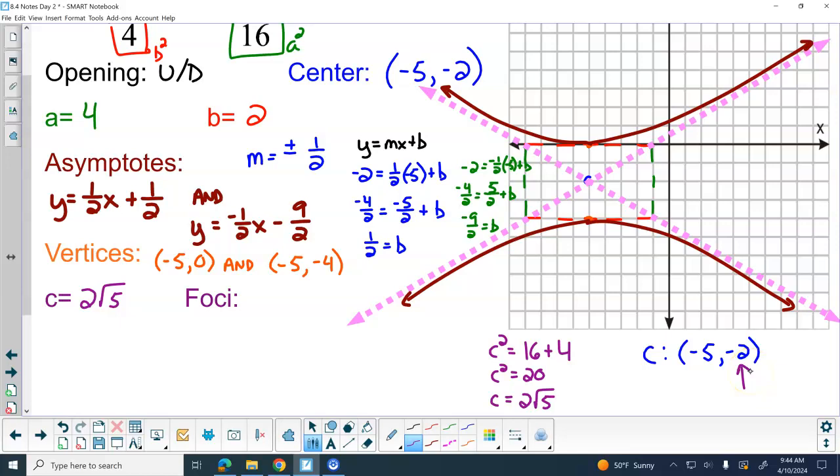So my foci are at -5, comma, -2 plus or minus 2 square roots of 5. Square root of 20 is somewhere between 4 and 5. That would be right there.